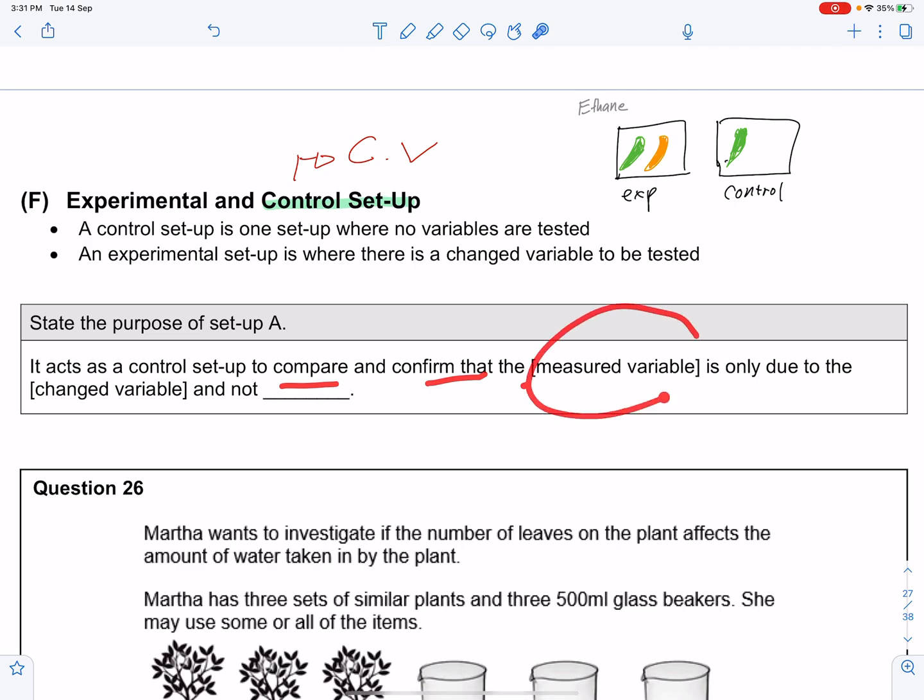The ripening time of the bananas is due to the change in amount of ethane gas, and not the temperature, surface area, or whatever it is. So, fill in the blanks.